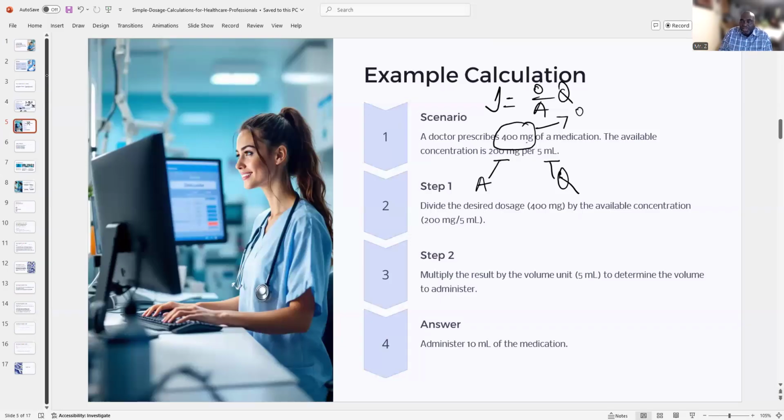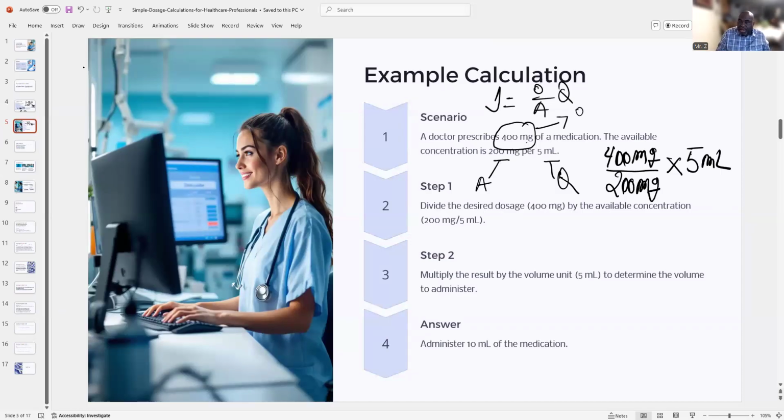So, in this case, what do we have? Which one is your order? Your order is 400 milligram. That's what the doctor prescribed. Which one is available? Your available is 200 milligram. You will multiply this by quantity, and your quantity is 5 milliliter. By doing it like that, you get your calculator.